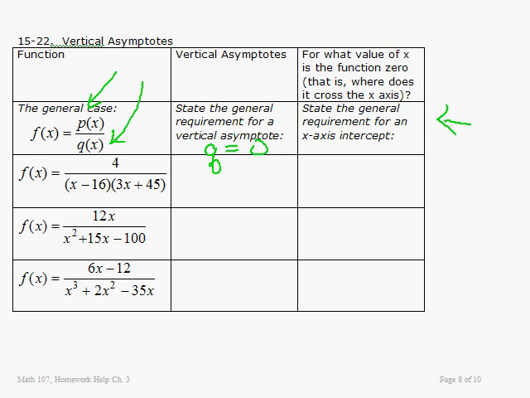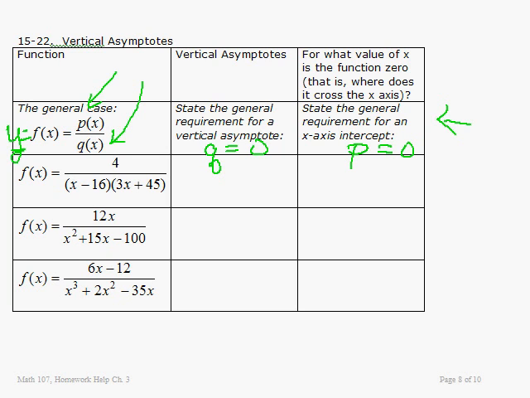Now state the general requirement for an x-axis intercept. When it intercepts the x-axis, the y, which is the same as the function, is 0. So to make this 0, the numerator has to be 0. So you need p to be 0 for an x-axis intercept. Now that's the general requirement.